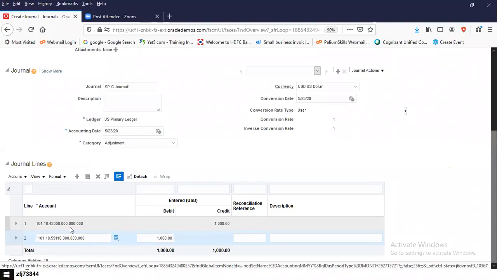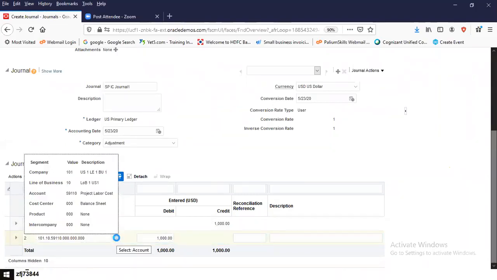At that accounting entry level, the liability, expense, or revenue and the receivables have to match. They have to be equal debit and credit. So the company segment values have to be the same, irrespective of what the debit and credit accounts may be. That will ensure that your journals are balanced.